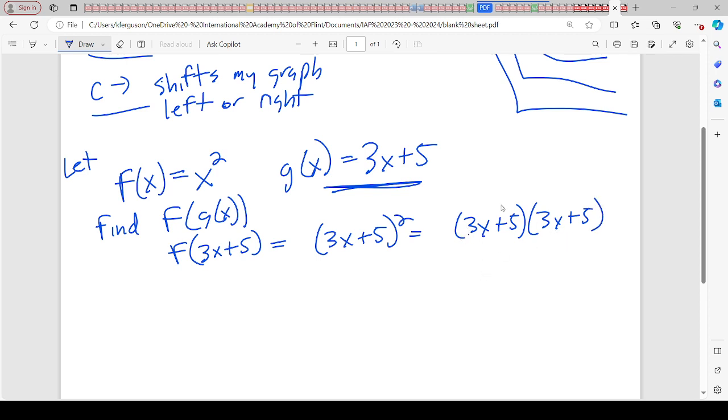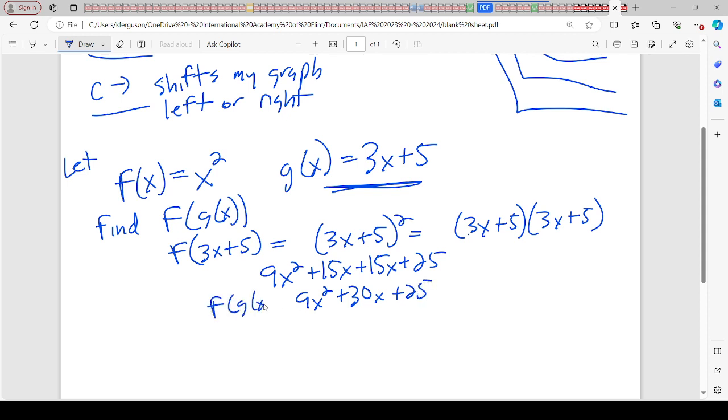So I got 3x times 3x, that's 9x squared. I've got 3x times 5, that's 15x. I've got 5 times 3x, that's another 15x. And then I've got 5 times 5, that's 25. And then finally, I'm going to have 9x squared plus 30x plus 25. So that's my answer. f of g of x equals that.